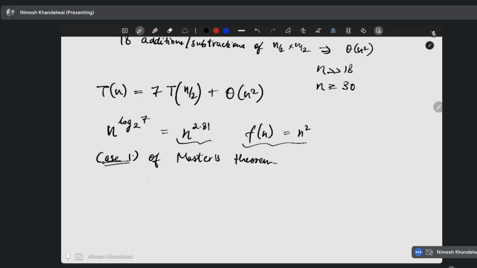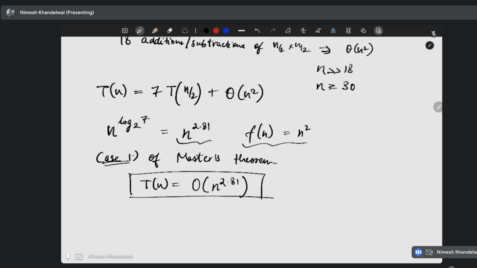Right, so the time complexity is n to the power 2.81, and of course for bigger values of n, n to the power 2.81 is much less than n to the power 3, right, for bigger values of n.